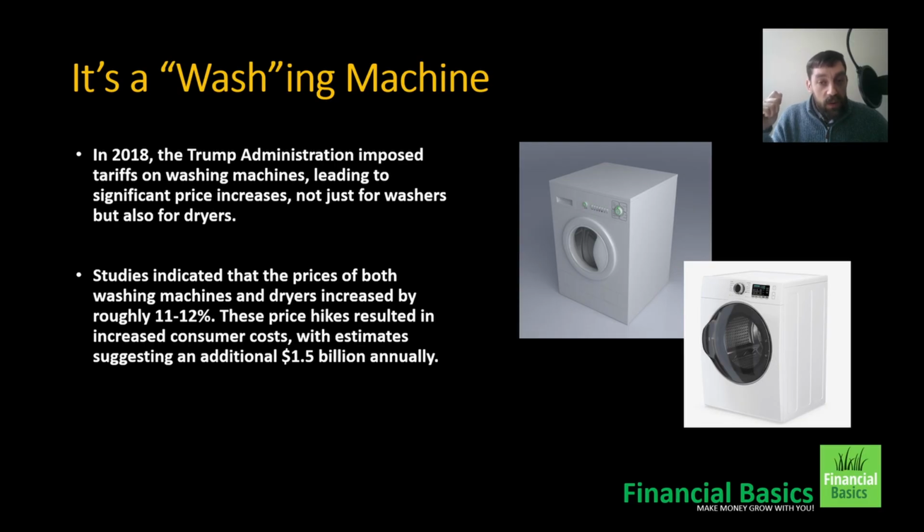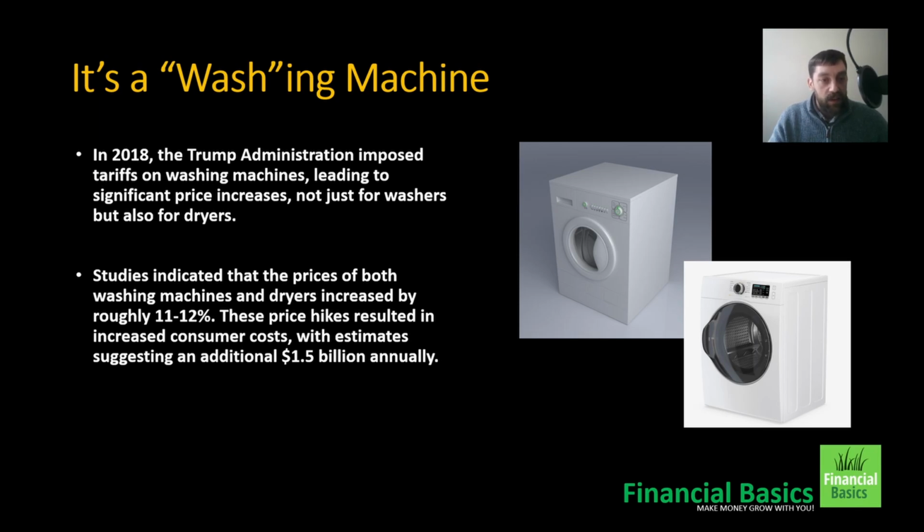But it also showed that dryers, on an equivalent level, increased by a similar amount, 11 or 12%, just because the suppliers of those products understand consumers see those two things as equivalent.